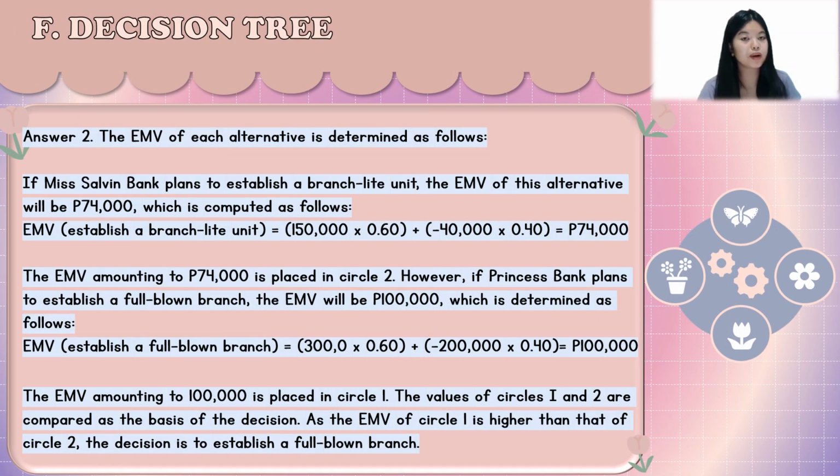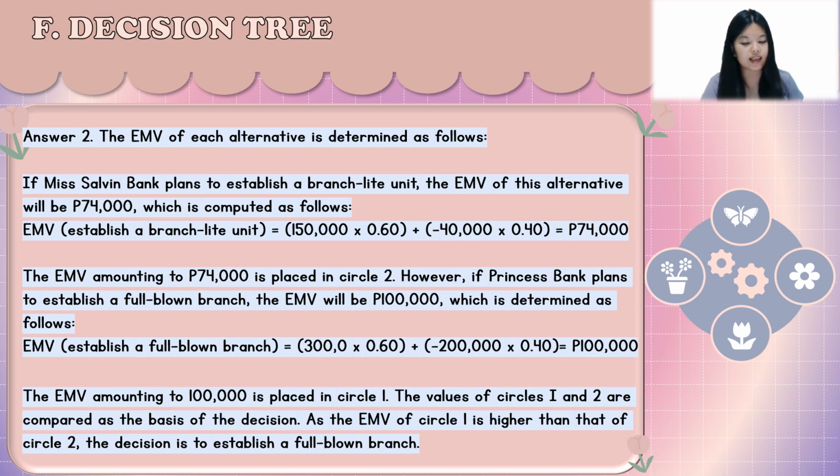Dito sa answer tree, makikita lang natin kung paano kinuha yung EMV. Sa unang solution, sabi niya dito, if Ms. Salbenbank plans to establish a branch life unit, magkano kaya yung expected monetary value niya? So, ang gagawin lang natin ay substitute ang formula. Again, ang formula ay EMV is equal to payoff multiplied by the probabilities.